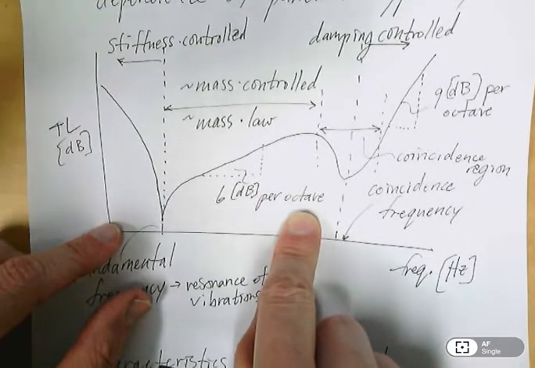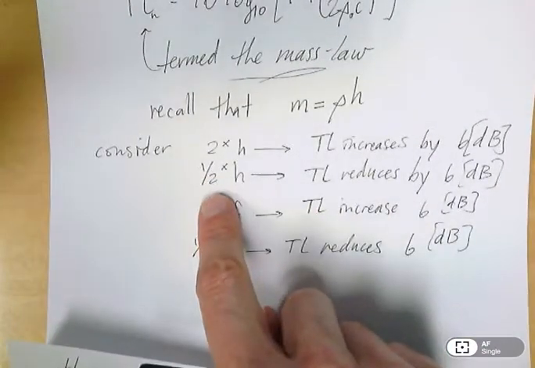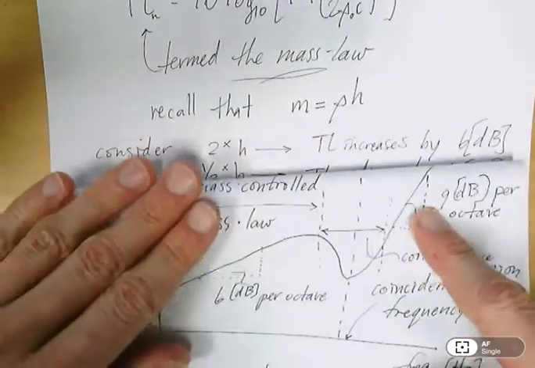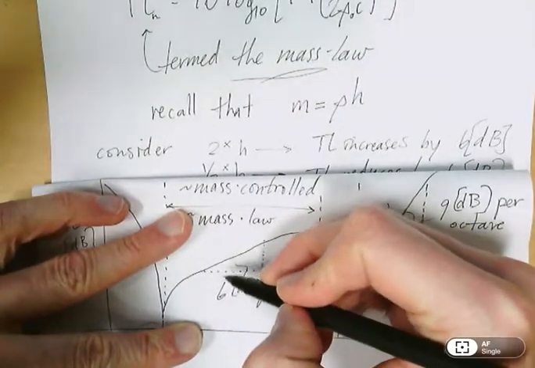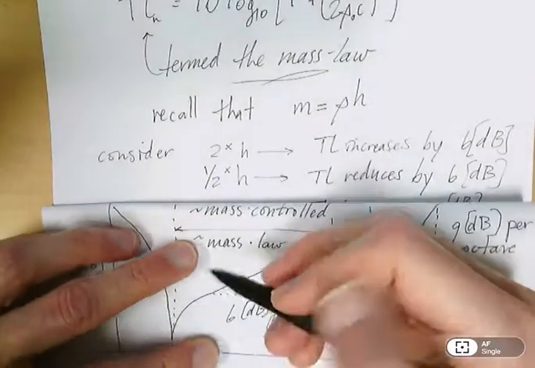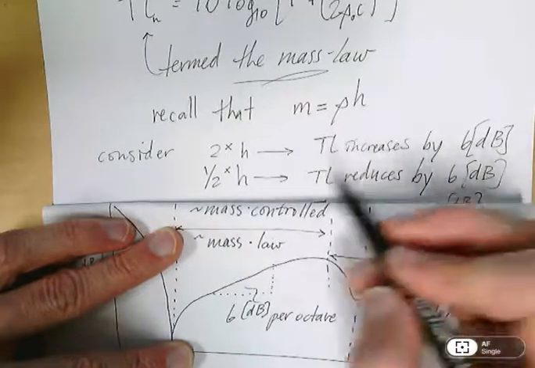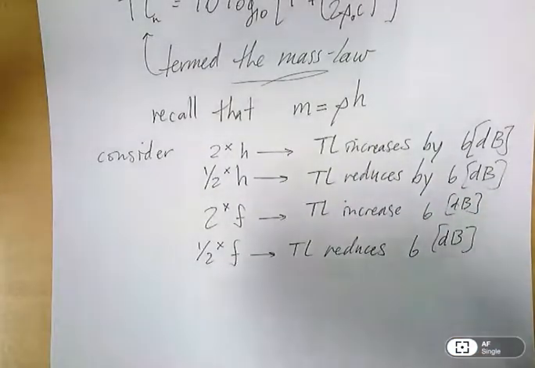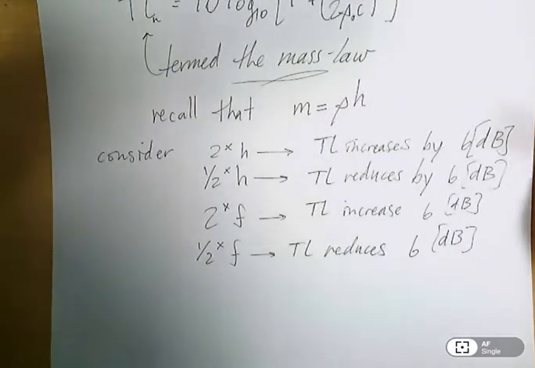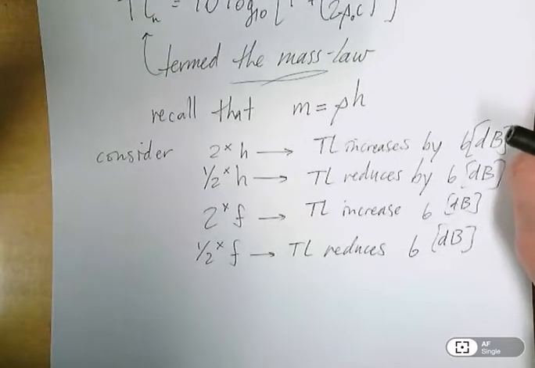Now, in terms of what we have found for the thickness doubling, that means that the transmission loss in that frequency regime would uniformly move up for doubling the thickness by 6 dB, or uniformly go down by 6 dB if we cut the thickness in half. So that's the role of the thickness and frequency, or rather the mass, in that mass-controlled region of transmission loss for panels.